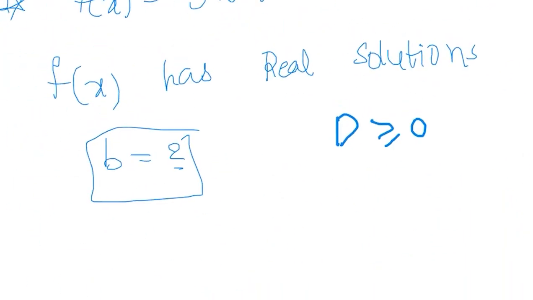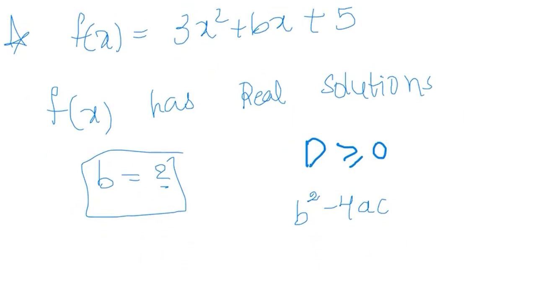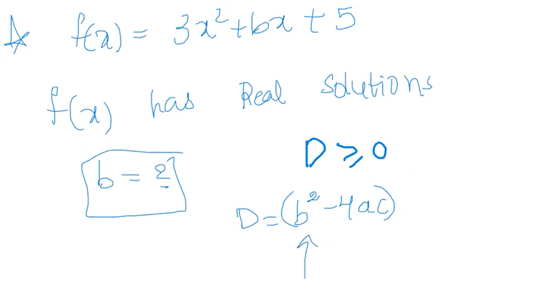What is the formula for the discriminant? b squared minus 4ac. So basically, you use this formula now. The discriminant has to be greater than or equal to 0, right? What is the b value here?